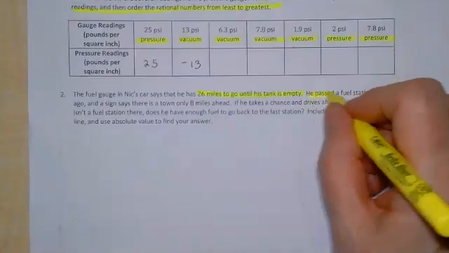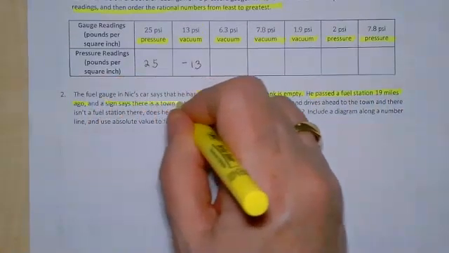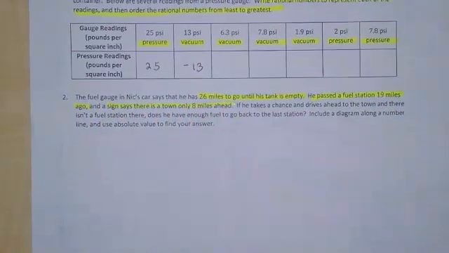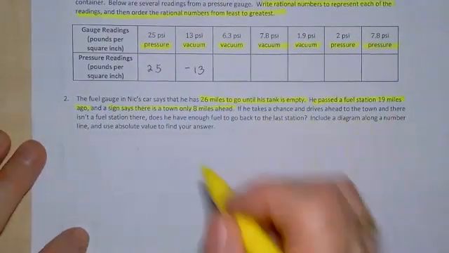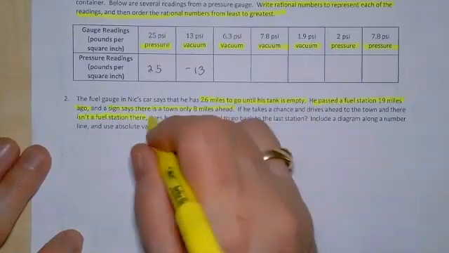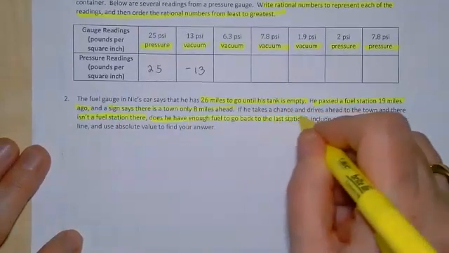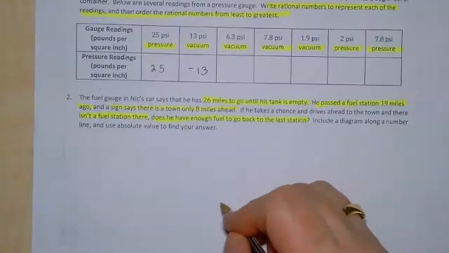He passed a fuel station 19 miles ago, and a sign says there's a town 8 miles ahead. If he takes a chance and drives ahead to the town and there is no gas station there, does he have enough fuel to get back to the last gas station? I want to draw a picture with you before you answer these questions. So, draw a picture of your car.